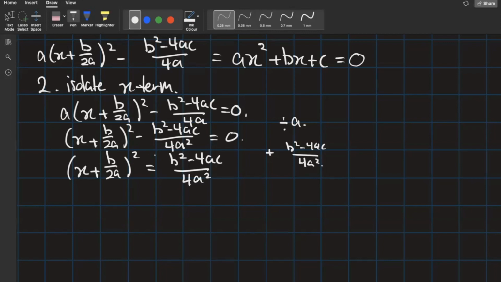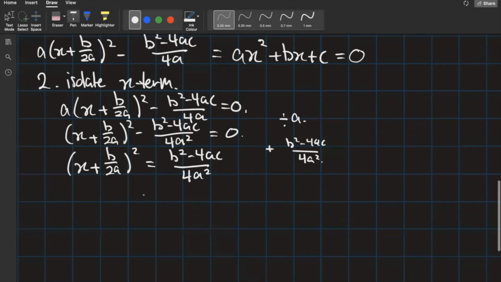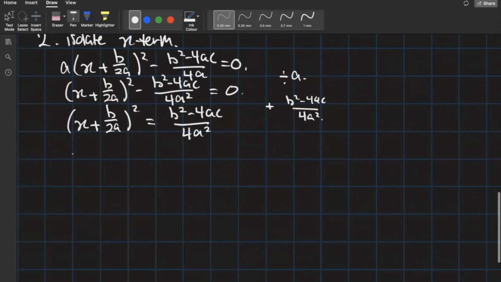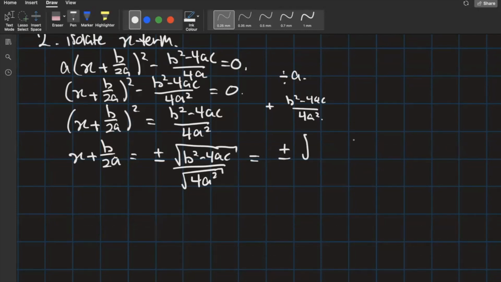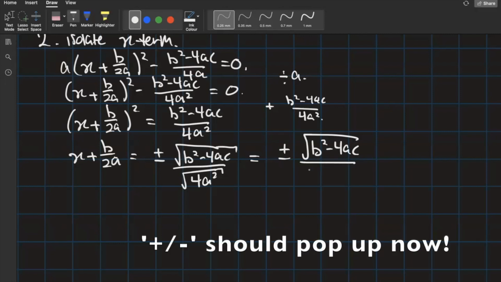The next step would be to take the square root of both sides. So we end up with x plus b on 2a is equal to plus minus the square root of b squared minus 4ac, divided by the square root of 4a squared, which is just equal to plus minus the square root of b squared minus 4ac, divided by 2a.